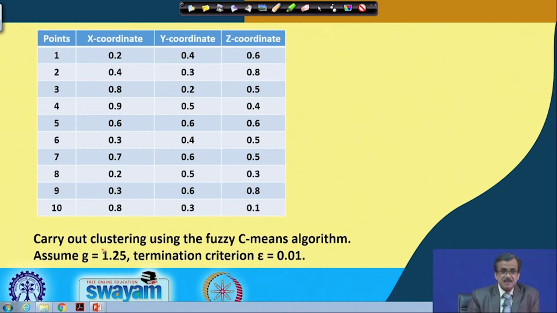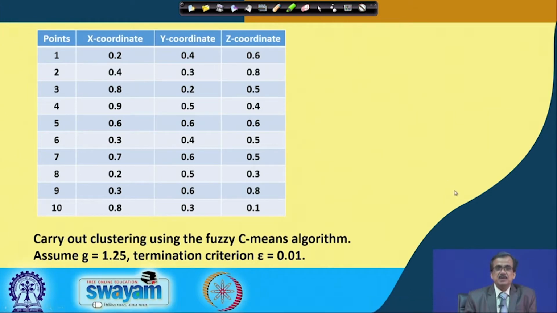Now, what is our task? We will have to carry out the clustering using the fuzzy C-means algorithm, and we are going to assume that the level of cluster fuzziness, that is G, is 1.25, and the termination criterion, that is epsilon, we have considered 0.01.